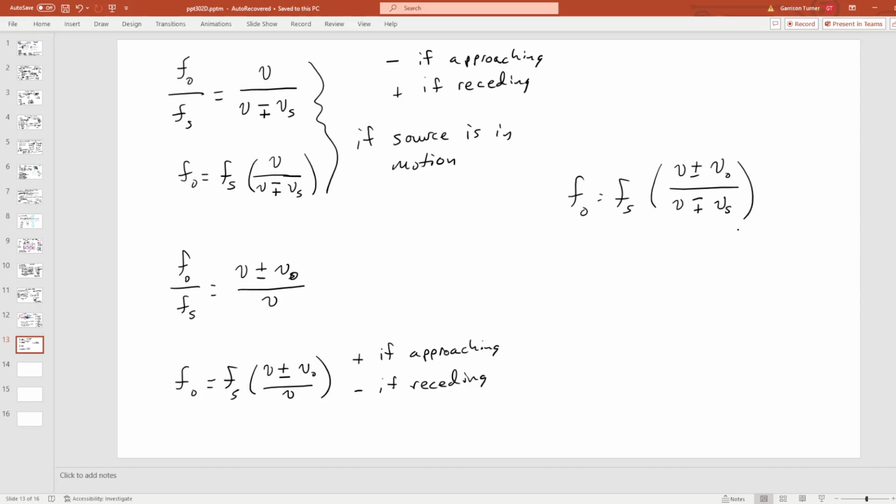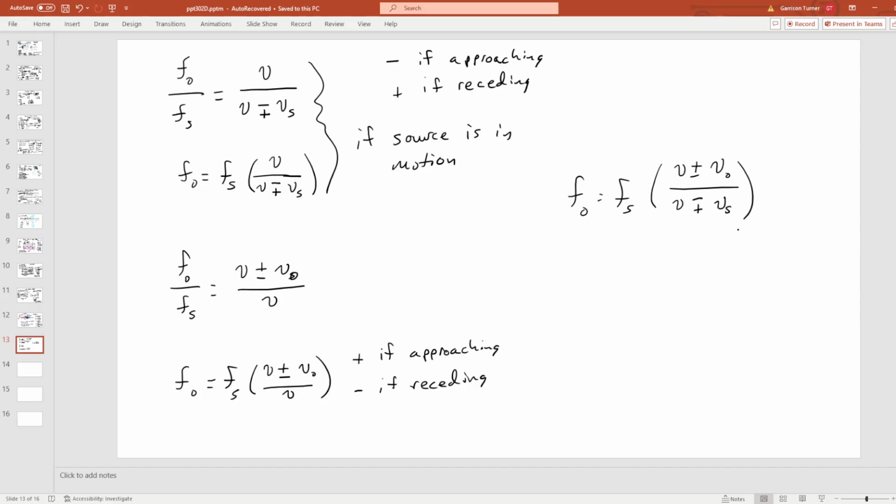So this equation takes both the motion of the source and the observer into account relative to some stationary origin.